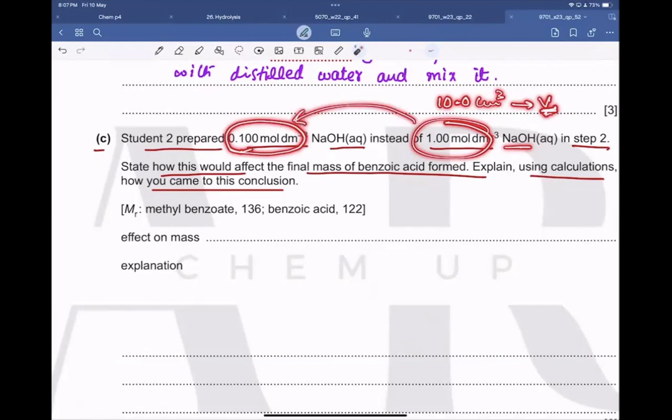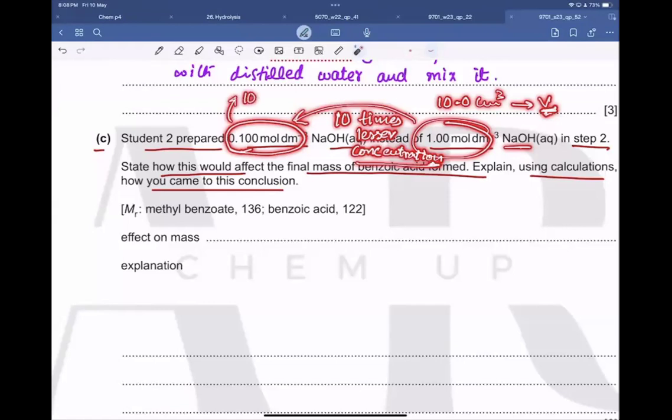So see, its concentration is 10 times lesser. The student made the solution has the concentration 10 times lesser than the concentration that we need. Is this understandable to all of you?